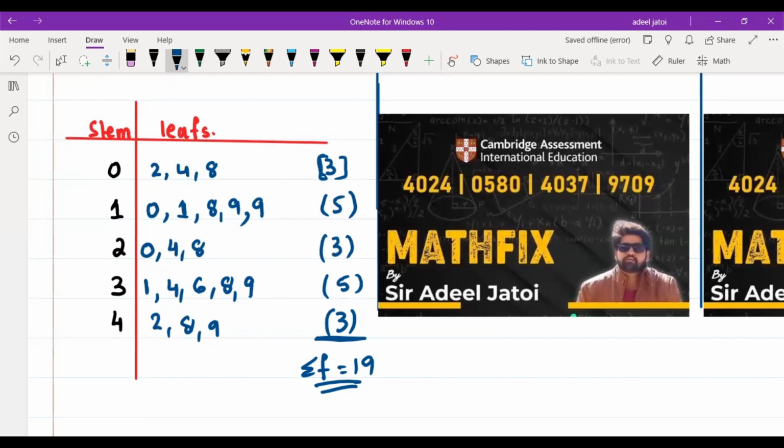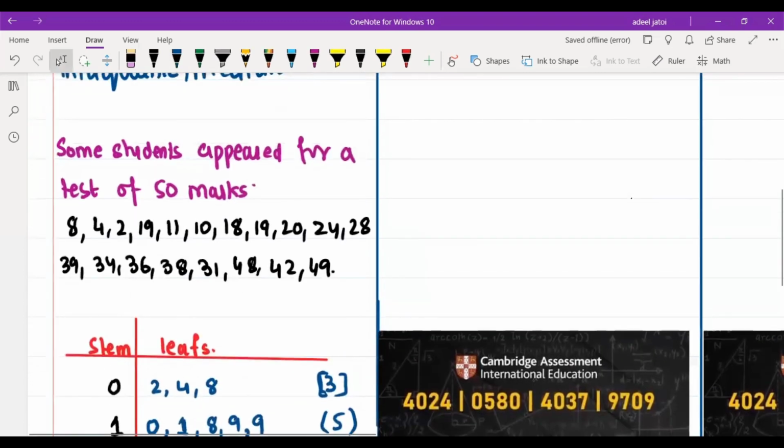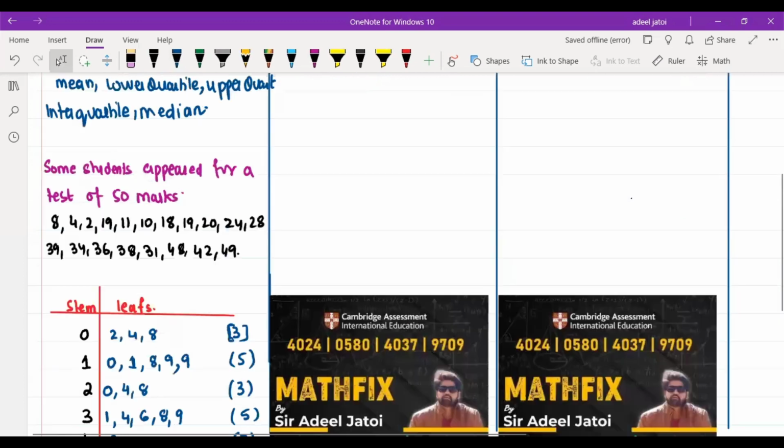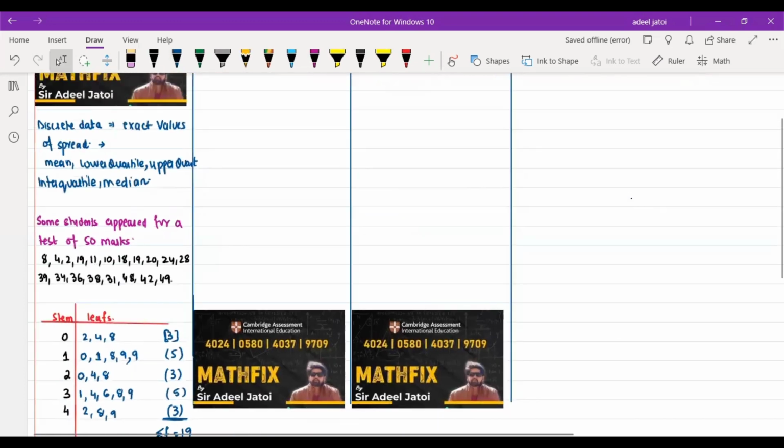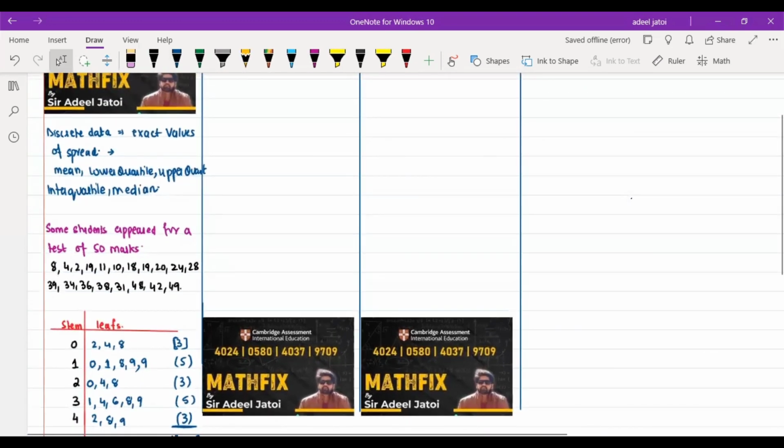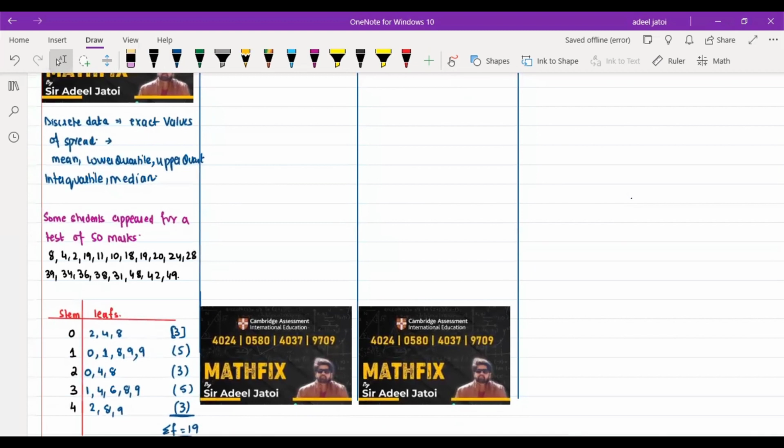Whenever you need to find the median, you always need to have your data in ascending order. This is a normal stem and leaf, which represents just one data set. There are back-to-back stem and leaf diagrams as well, which represent two data sets. We'll be doing the back-to-back stem and leaf as well.